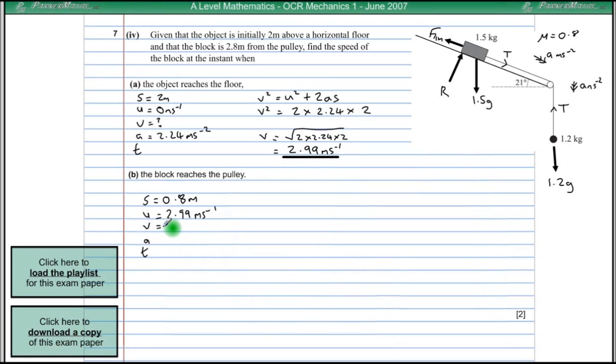We're trying to find v, but we're going to need to know the acceleration because it's not the same as what it is here. And the reason for that is that the forces on the block have changed now, because originally there's this tension on the block which is caused by the weight of this ball downwards. But if that ball has hit the ground, it's now on the ground, there will no longer be this tension in the rope.